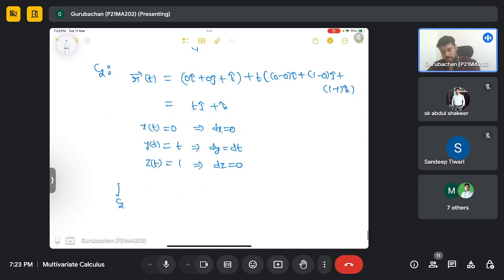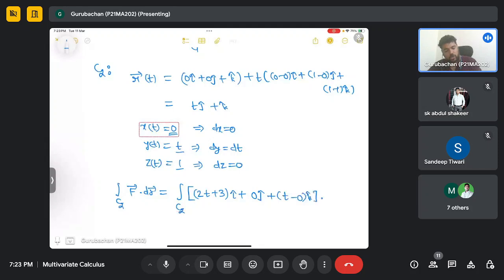So from here, this f dot dr over this C2 will be integration over C2 of 2 times y, that means 2 times t plus 3 i cap plus, next one is x into z. So x into z, x is 0, so that means x into z will be 0. The third term is yz minus x. So plus yz. y into z is t, minus x is 0, k cap.